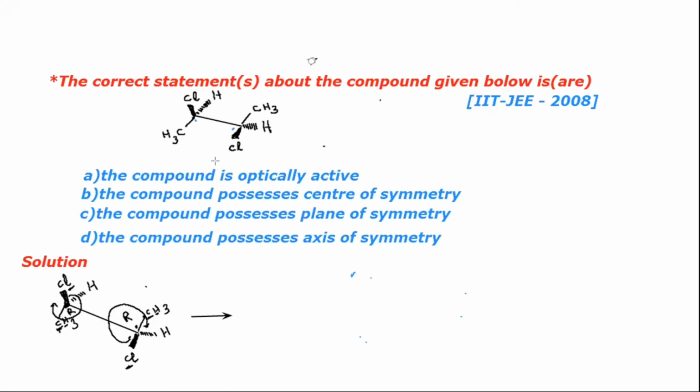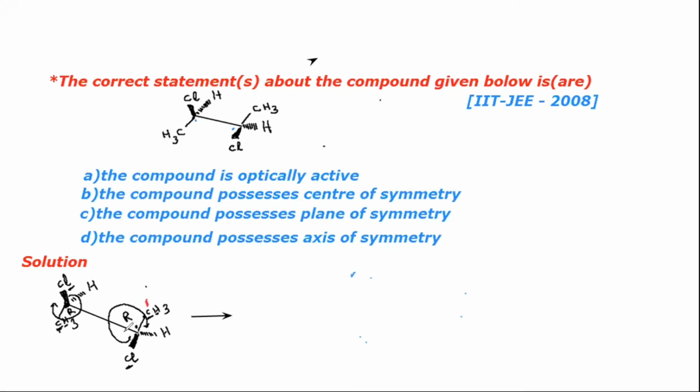Now see the conversion into Fischer formula. To convert into Fischer formula, first give numbers to the carbons in the principal chain. That means select the principal chain by using IUPAC rules. See, give numberings to the carbons according to the IUPAC system.